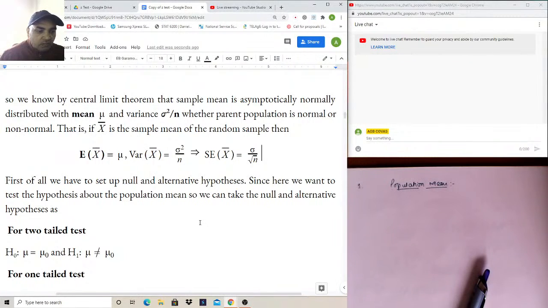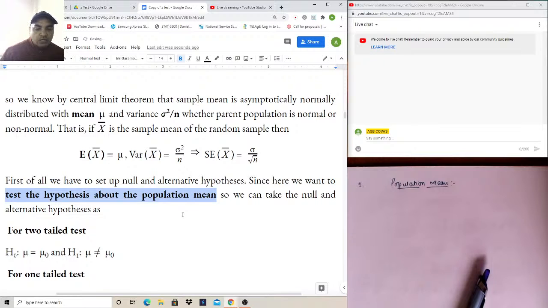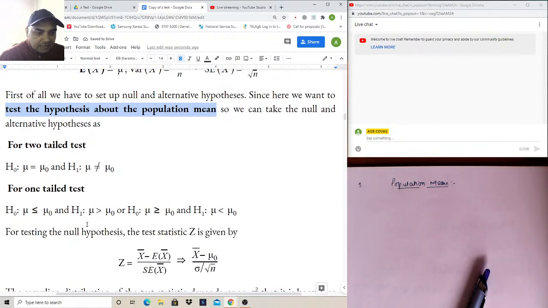Now first of all, we have to set up the null hypothesis and alternative hypothesis, since here we want to test the hypothesis about the population mean. So we can take the null and alternative hypotheses like this.